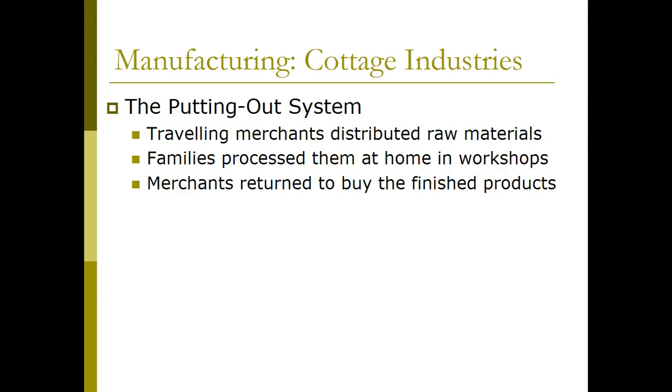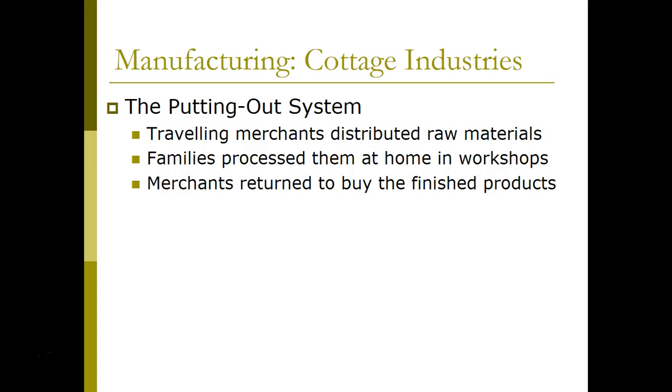Then I'm going to take that thread to another house and sell it to somebody who could weave it to make cloth. And when I return there, I'm going to buy the cloth. Then I might take the cloth to another family who can turn it into, I don't know, suits, and then buy the suits back. This is the putting out system. And it primarily works with textiles, but it also worked with metallurgy.